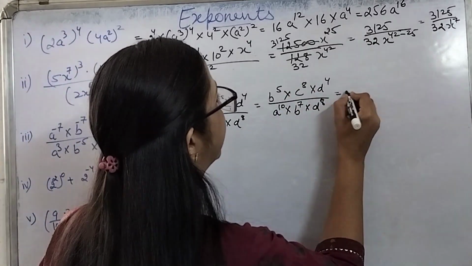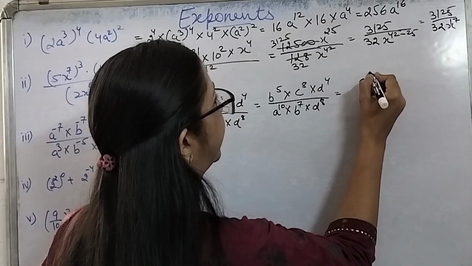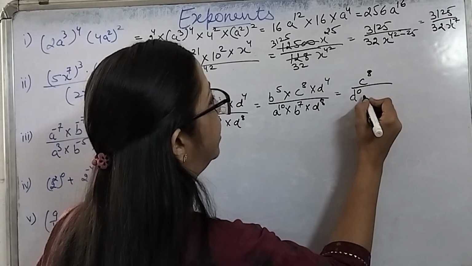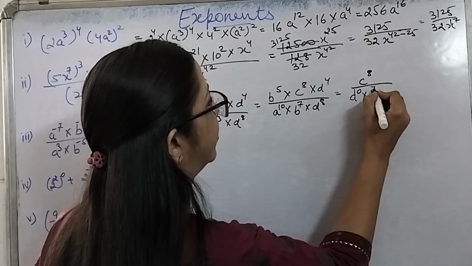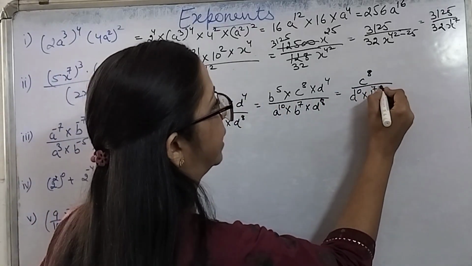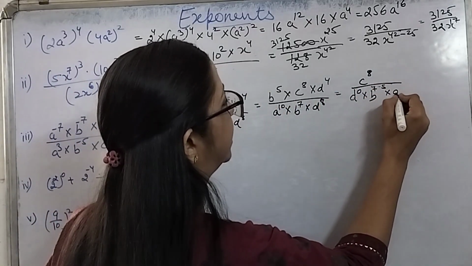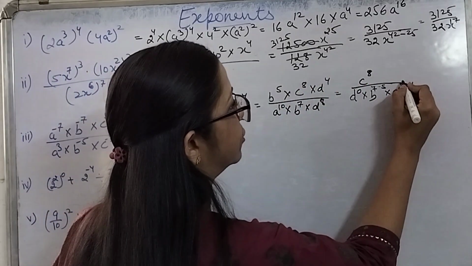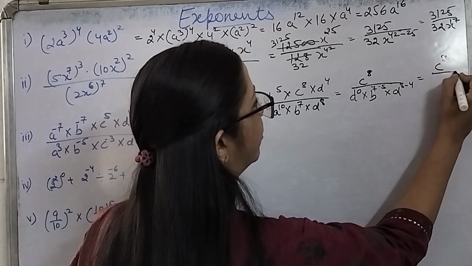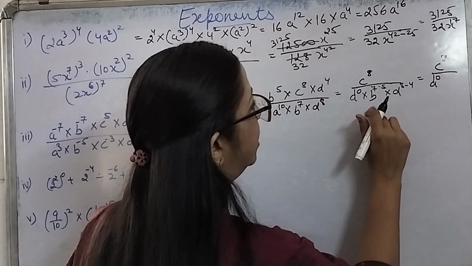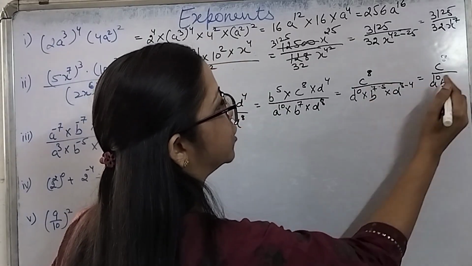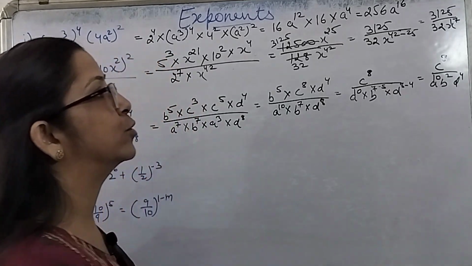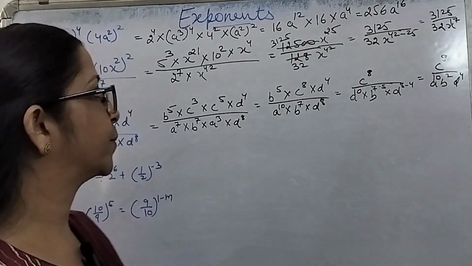So it could be written as c raised to the power 8, a raised to the power 10. Now b raised to the power, this is 7 and this is 5, so 7 minus 5. And d raised to the power, this is 8 and this is 4, so 8 minus 4. So it will be c raised to the power 8, a raised to the power 10, b raised to the power 7 minus 5 will be 2, d raised to the power 8 minus 4 will be 4. So this will be the answer.